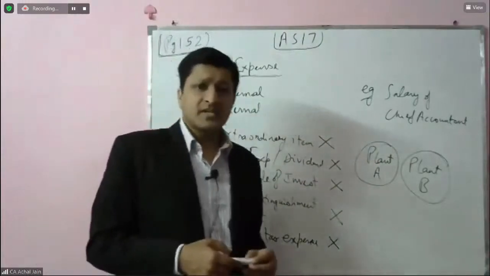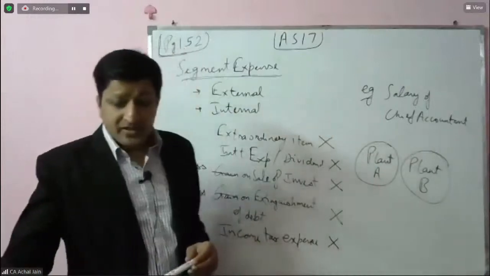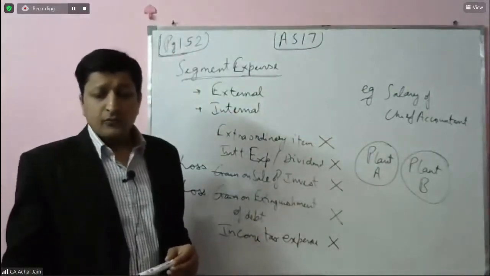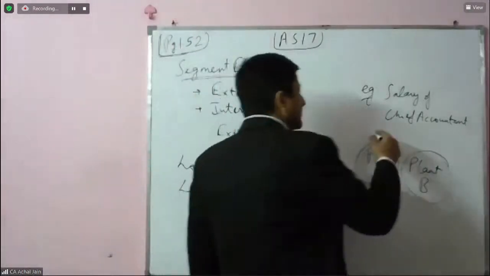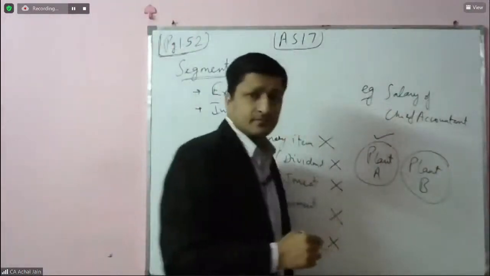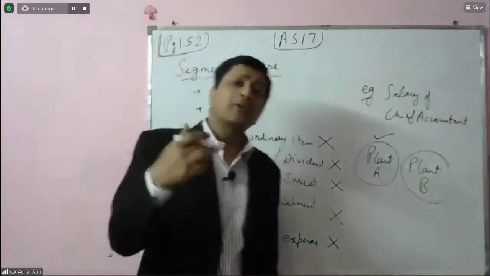So now in this case, standard says that if an expenditure has been incurred which belongs to company as a whole and not really to a particular segment, and which can also not be allocated.